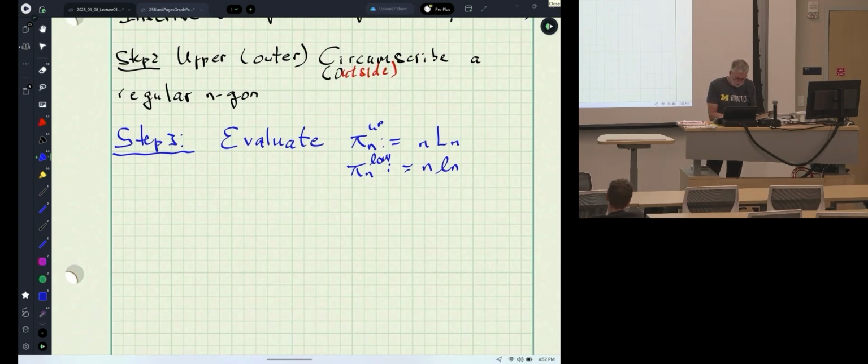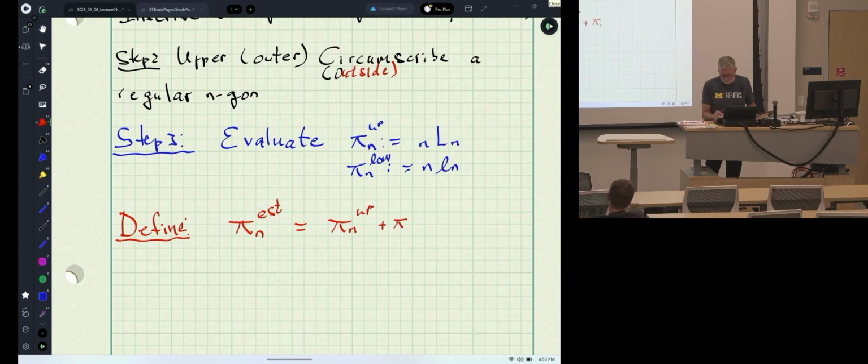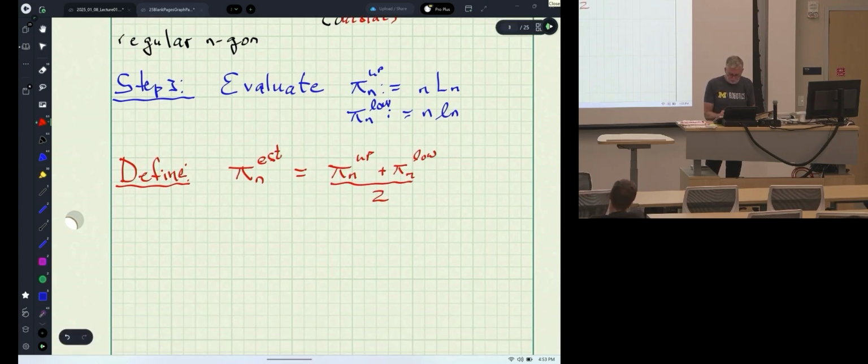And then we define our estimate for pi. It still depends on n, the number of sides that we're using, as the upper estimate plus the lower estimate over 2, and this is a definition.